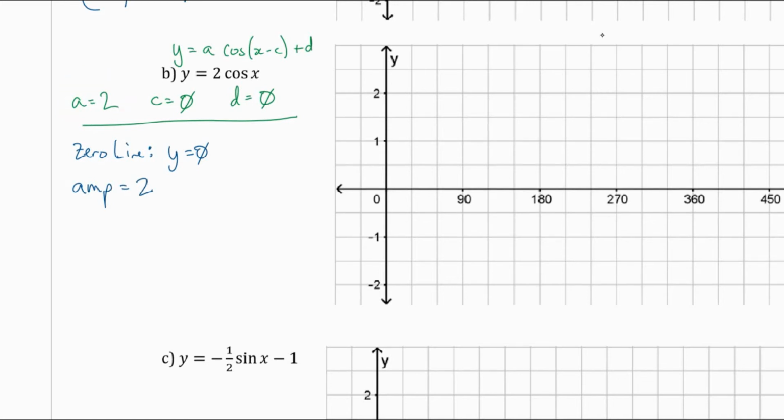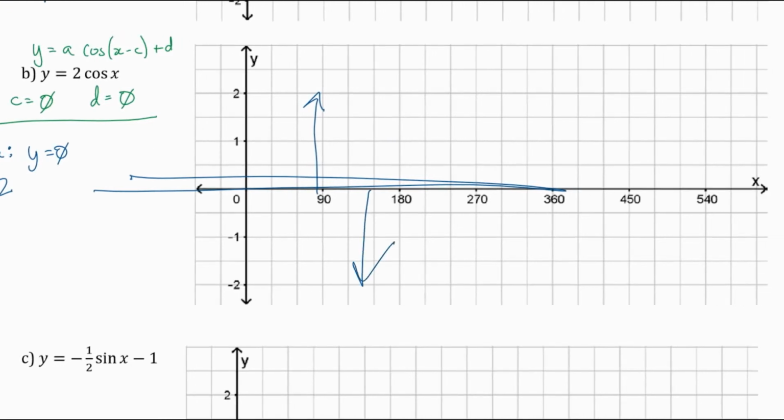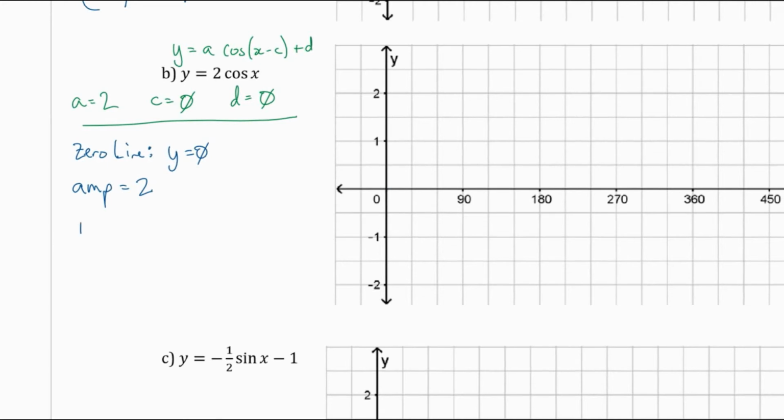Now I use the 0 line and the amplitude to figure out what the max is. My 0 line is y equals 0. I go up 2 to the max, and I go down 2 to the min. So the max is my 0 line plus 2, which is 2, and my min is my 0 line minus 2, which is negative 2.